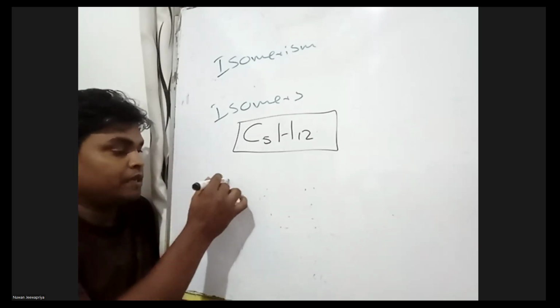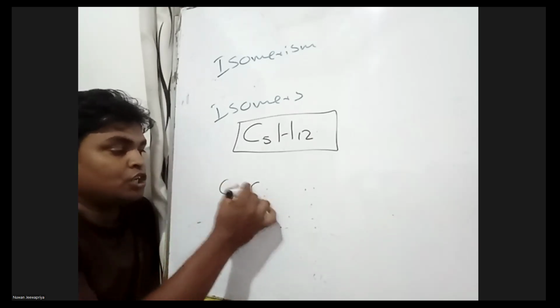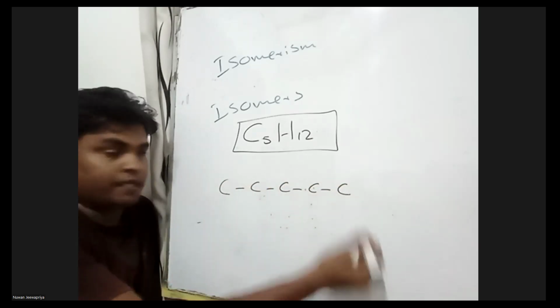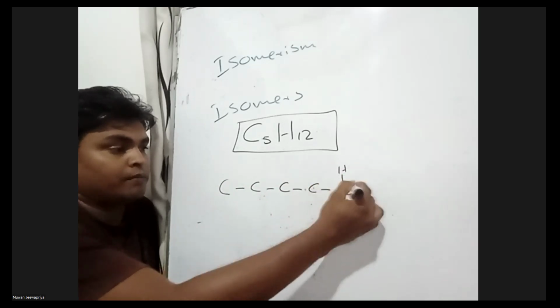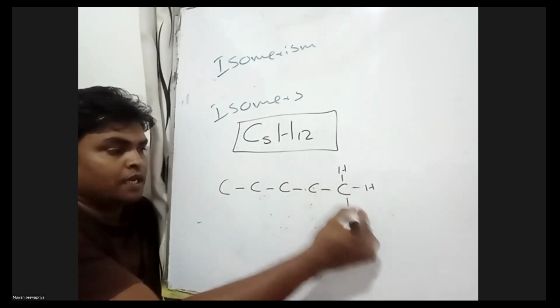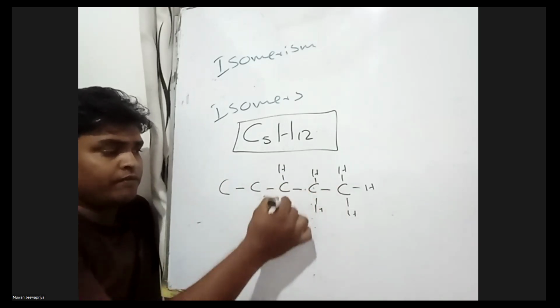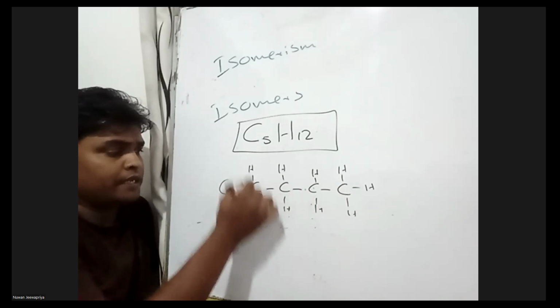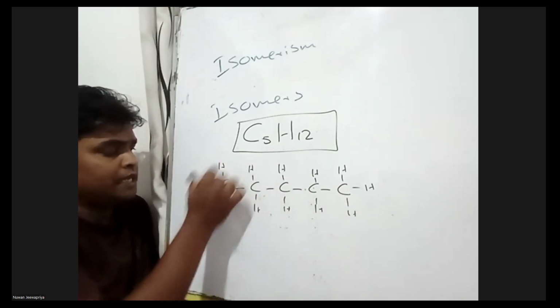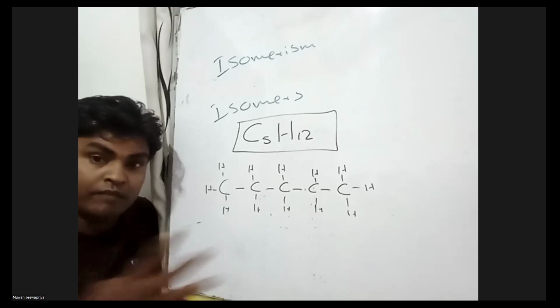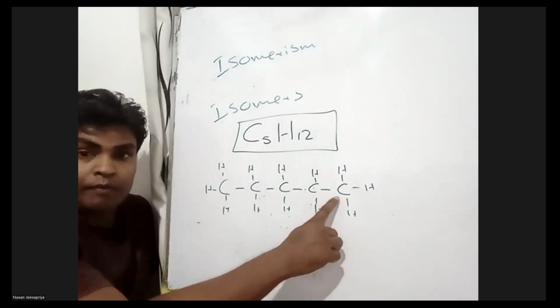For example, if I consider these 1, 2, 3, 4, 5 carbons, they have 12 hydrogens connecting this way. When connecting the hydrogen atoms, each carbon atom needs to connect with 4 bonds.